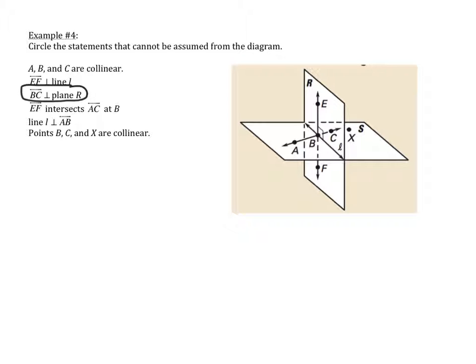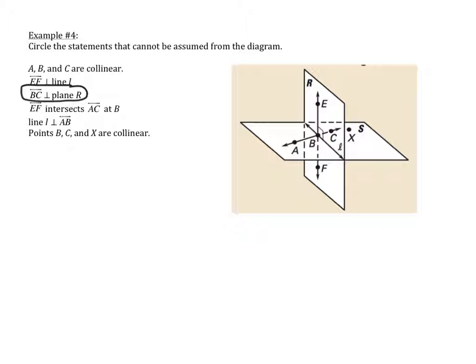Next, we have line EF intersects line AC at B. Remember, we can assume where two lines intersect, but let's first look at the diagram. So line EF intersects line AC at point B. That is verified on the diagram, so we can assume that statement. Next, we have line L is perpendicular to line AB.